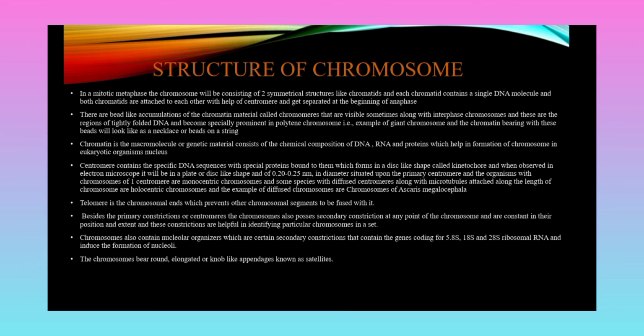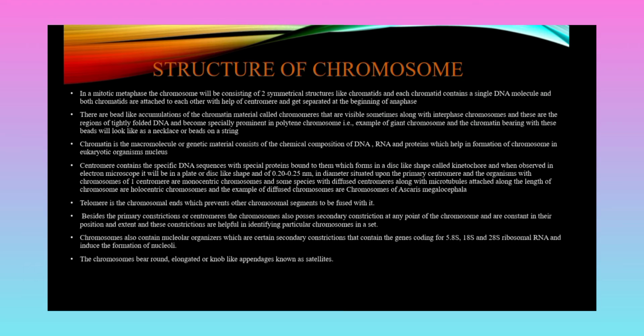Now, besides the primary constriction, due to the primary centromere, chromosomes also possess secondary constrictions. These are constant in their position and extent, and they help in identifying a particular chromosome in a set.